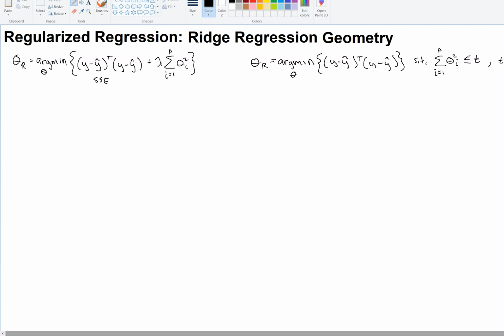Now let's examine the extreme values of t. If t were 0, then we're constraining the components of theta to be exactly 0. So this is the lowest complexity model.